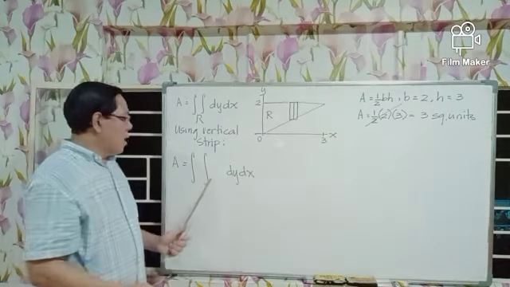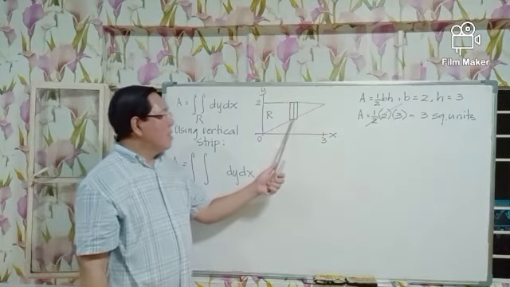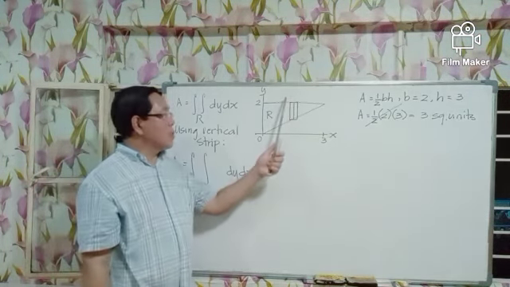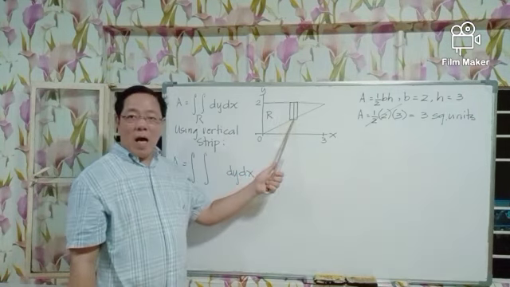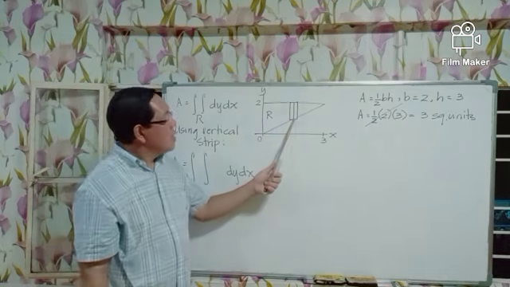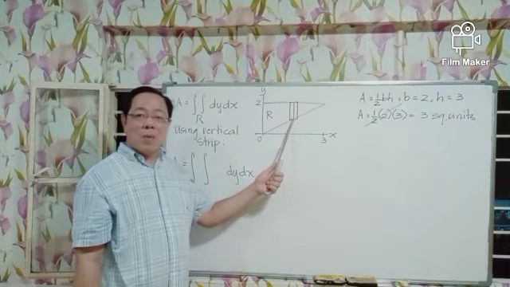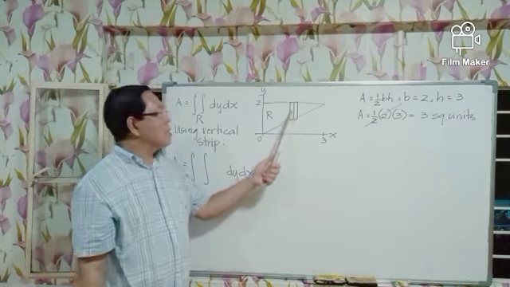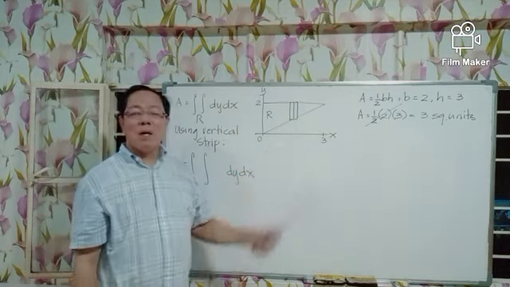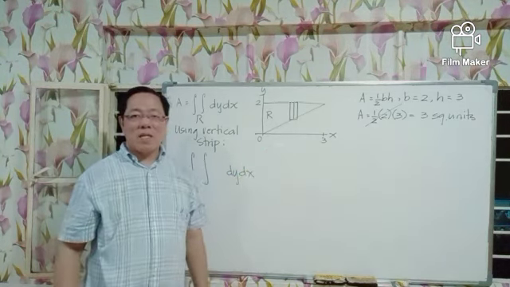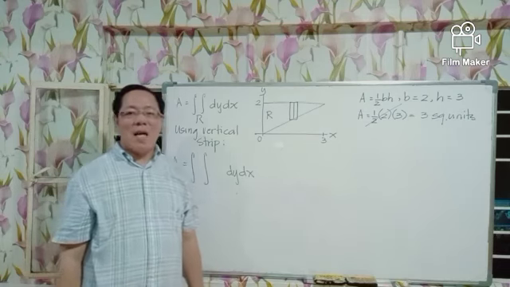And the value of y will vary from the y at this point to the y at this point. The y at the lower base of the rectangular element to the value of y at the upper base of the vertical strip.